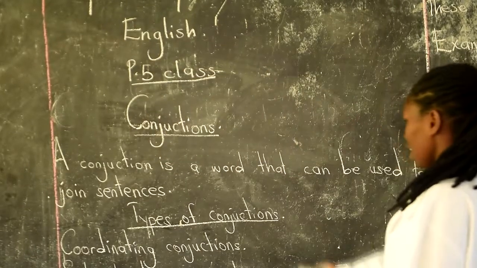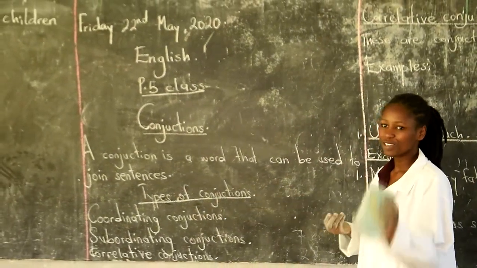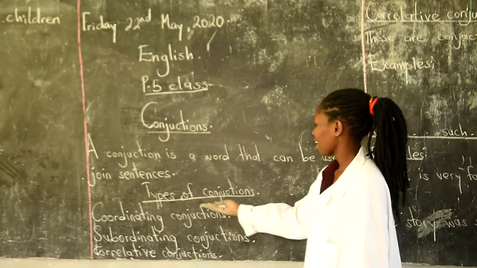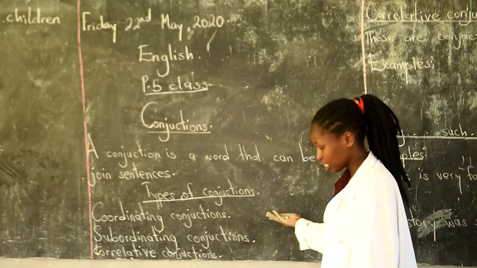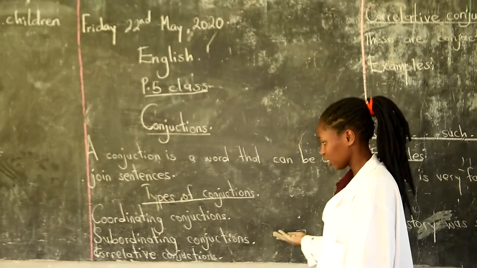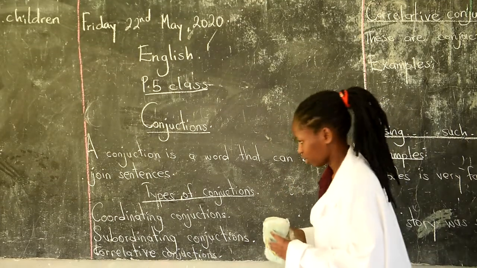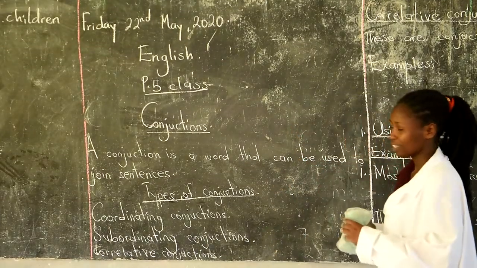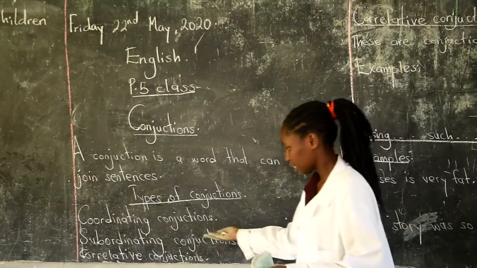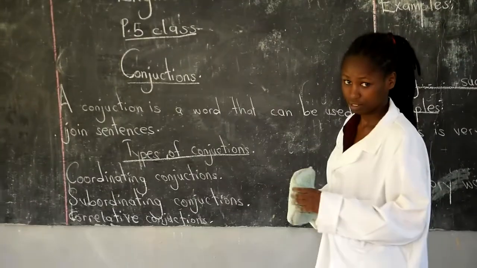Now, types of conjunctions. We have three types: coordinating conjunctions, subordinating conjunctions, and correlative conjunctions.